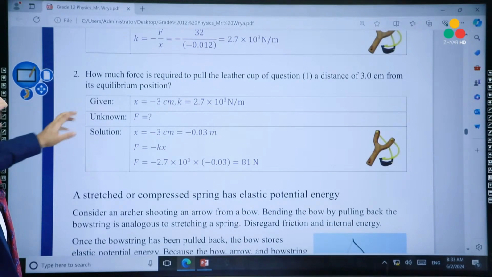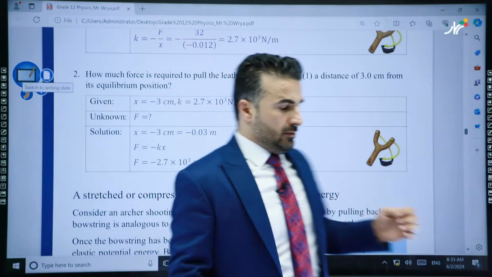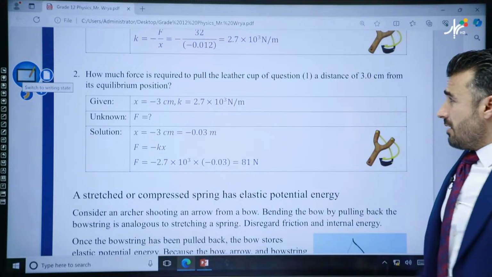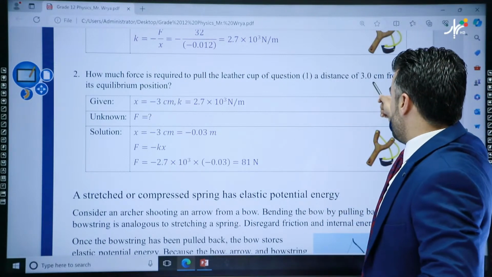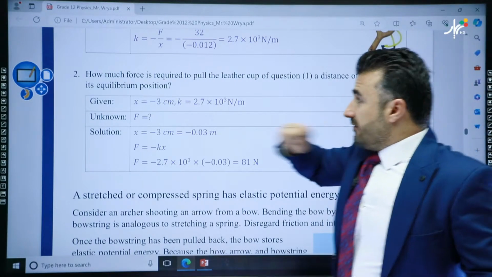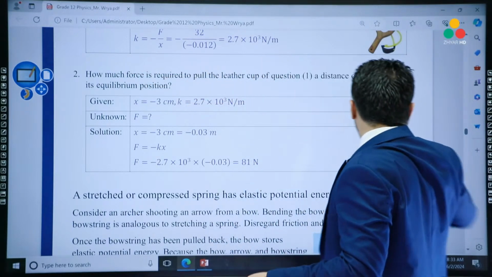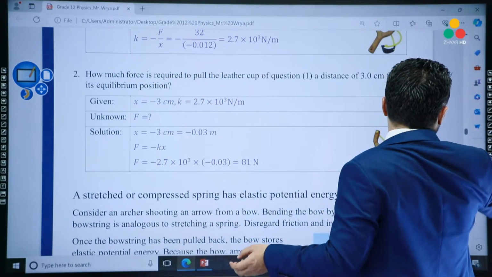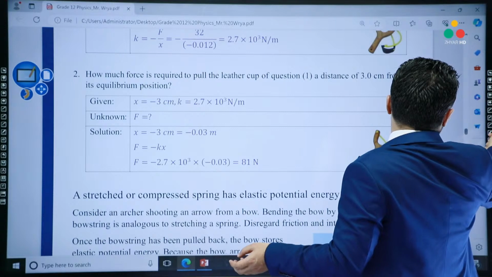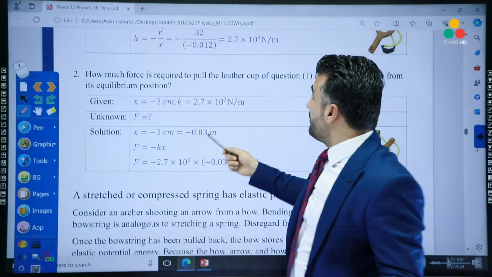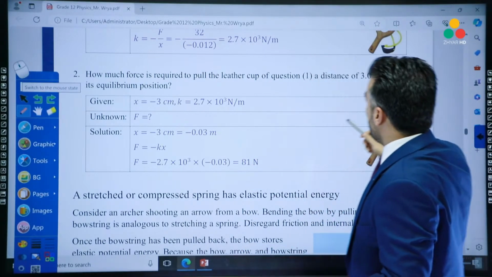Now take a look. This one says, how much force is required to pull a leather cup of question 1 a distance of 3 centimeter from the equilibrium? We found the spring constant, so we do have it.